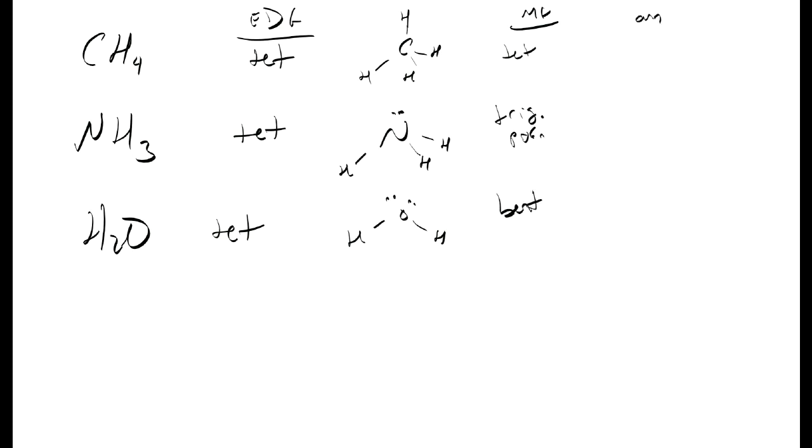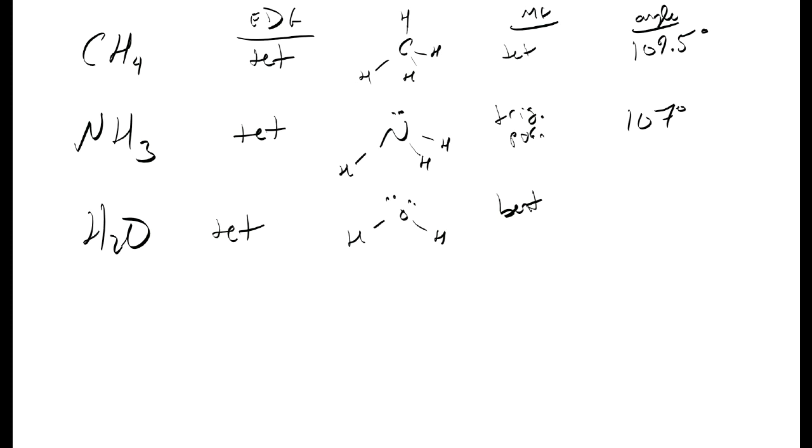And the bond angles also change. Okay, so methane is a nice, perfect tetrahedron at 109.5 degrees. But that non-bonding pair on ammonia squishes those 3 nitrogen-hydrogen bonds together. So it is 107 degrees.